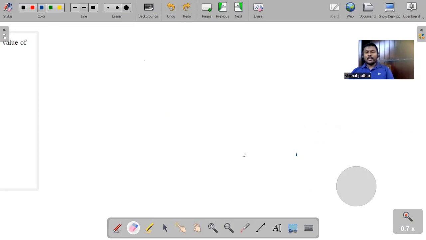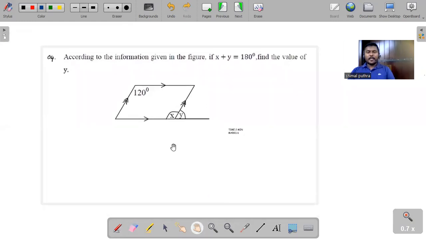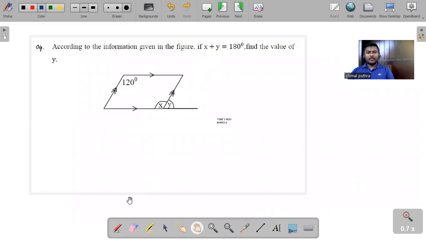Then let's come to the discussion. Please find the value of x and y. Yes, very easily you can say, if there is a parallelogram, opposite angles are equal. X is equal to 120. And this is a straight line, so x plus y should be equal to 180.